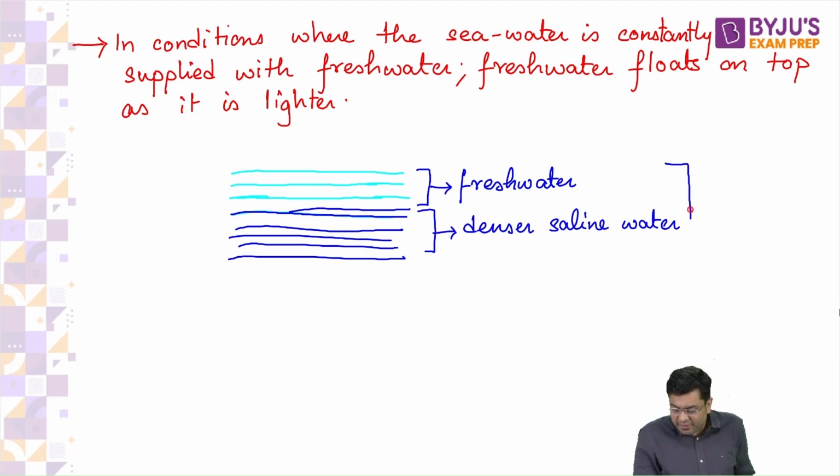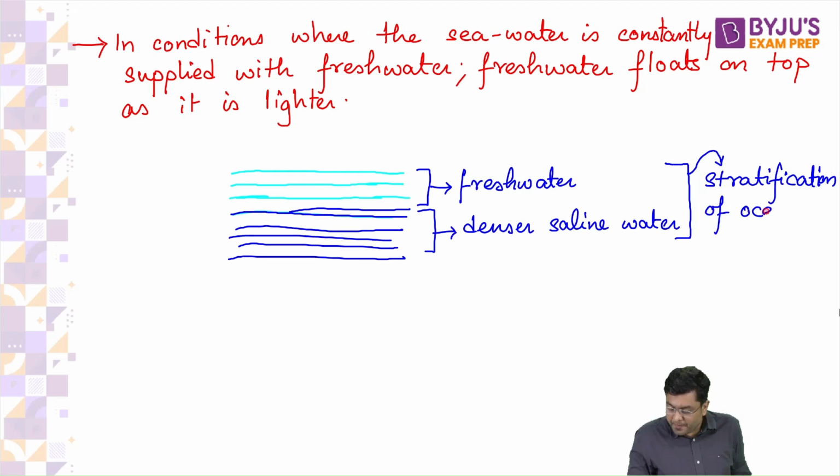So this is what is referred to as, I will give you the definition as well later on, so don't worry about it. So this is stratification of oceanic water.